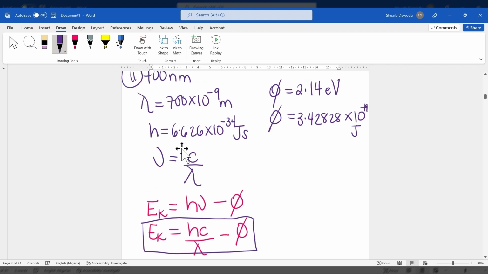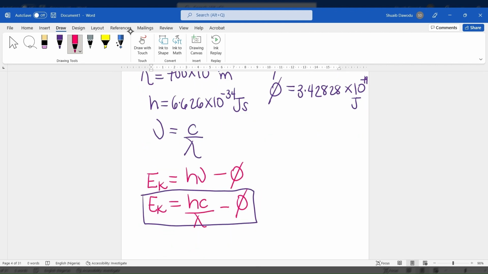So of course, we just simply substitute. We have the wavelength, we have Planck's constant, we also have the work function, and we also know the value for c. c is just 2.998 times 10 to the power of 8 meters per second.